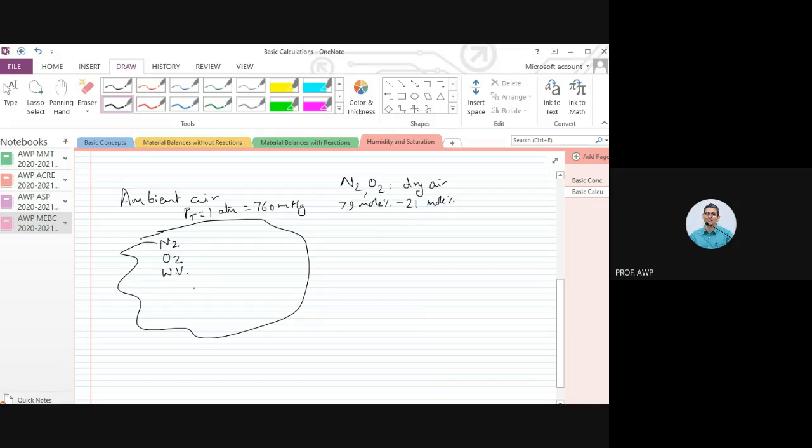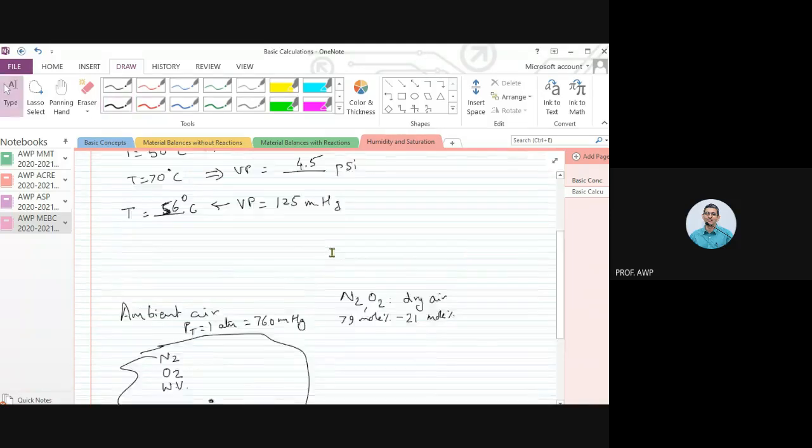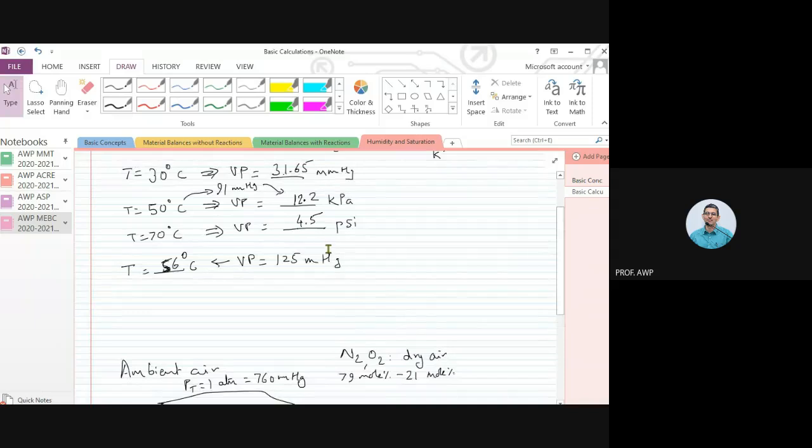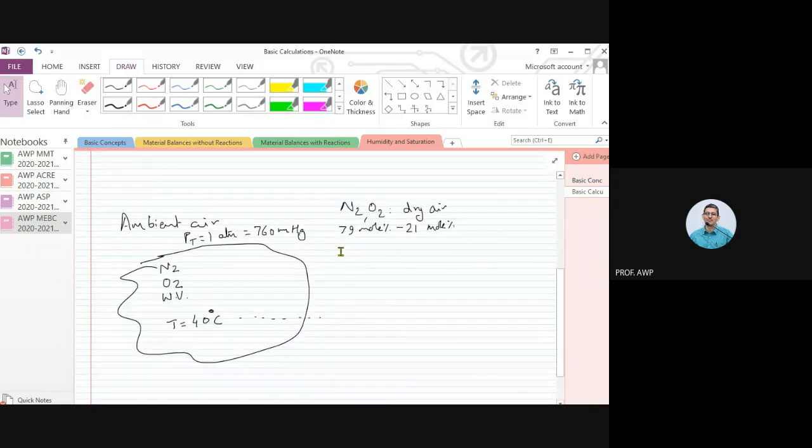Let's take the temperature as 50 degrees centigrade, because we already have an answer for 50 degrees centigrade.